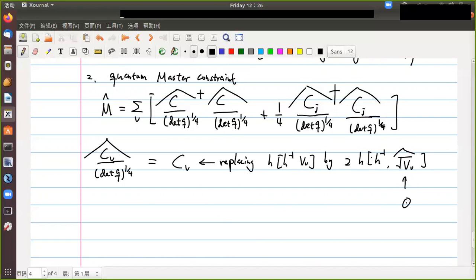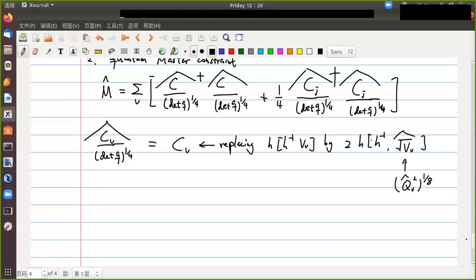It is just the Q operator squared, taking the factor 1 over 8. So why do you replace V by the square root of V?